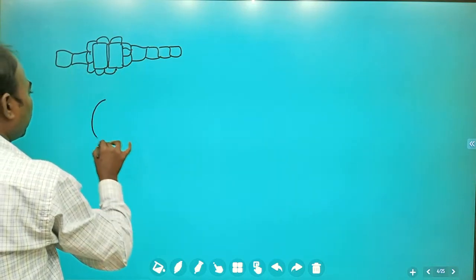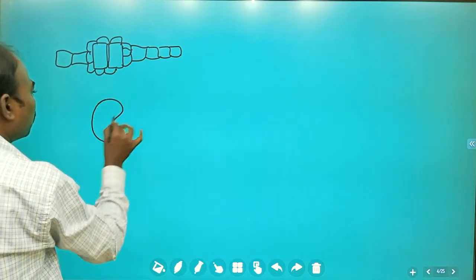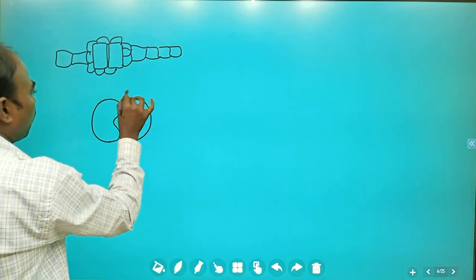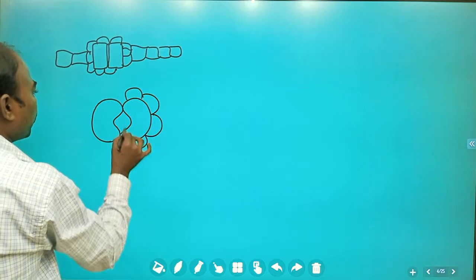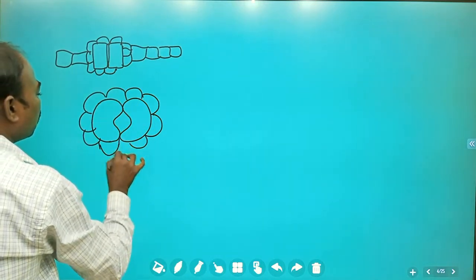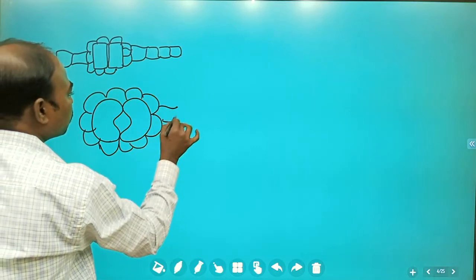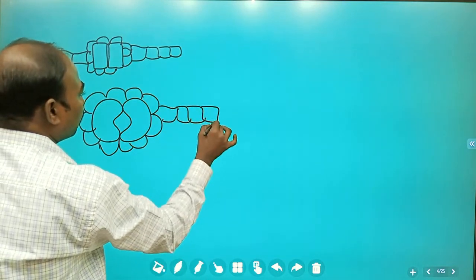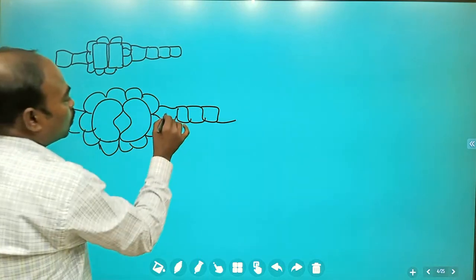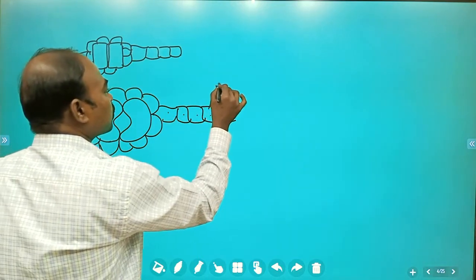Whereas under opening it becomes like this bean or kidney shape. Then the specialized parenchyma cells surrounding the guard cells are called subsidiary cells. Then the epidermal cells are found. So these are epidermal cells.